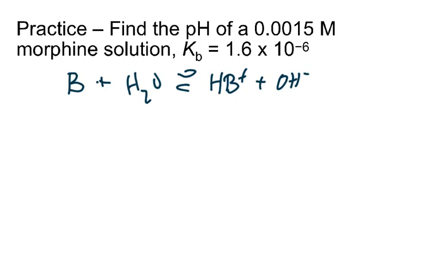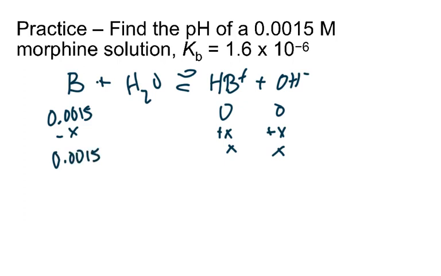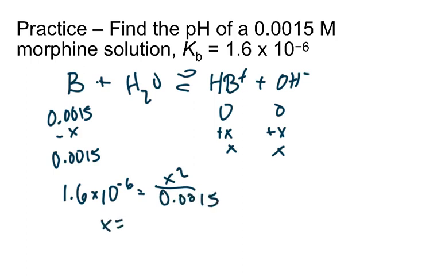We're starting with 0.0015 minus x plus x. So got my ice table, and again I can use the x is small approximation. So 1.6 times 10 to the negative 6th is x squared over 0.0015. So I can find my x.